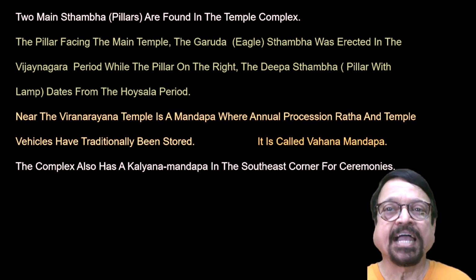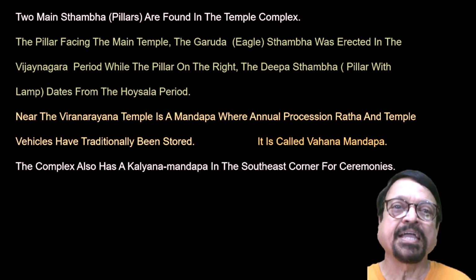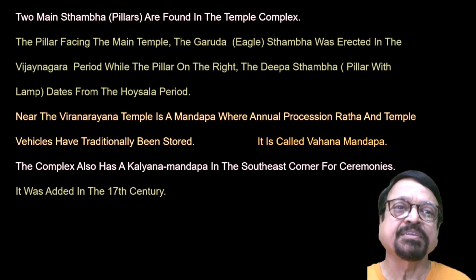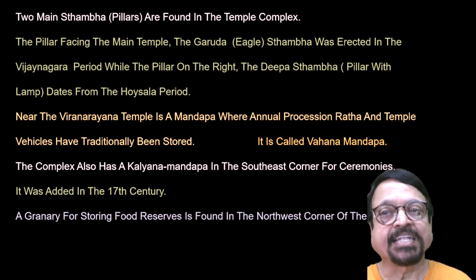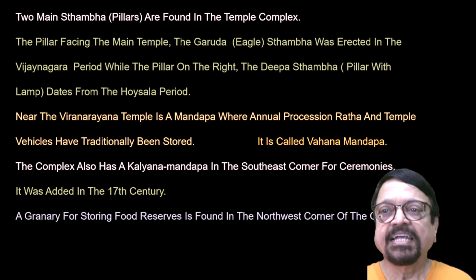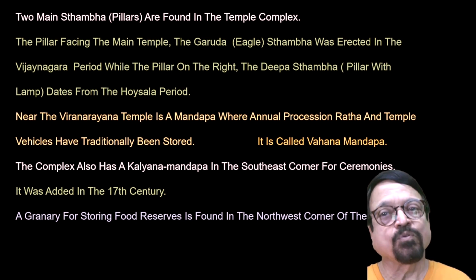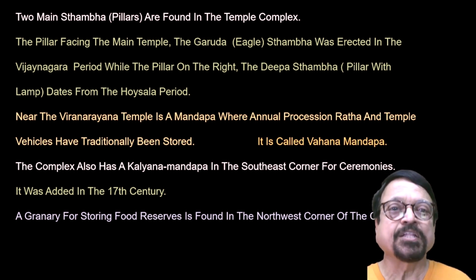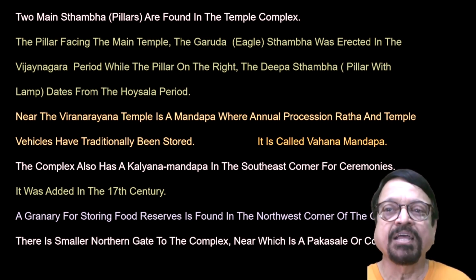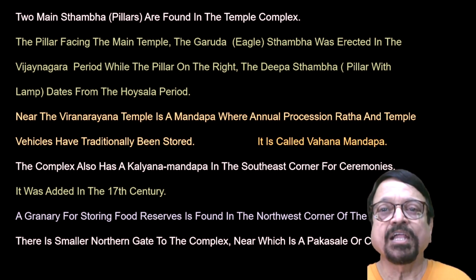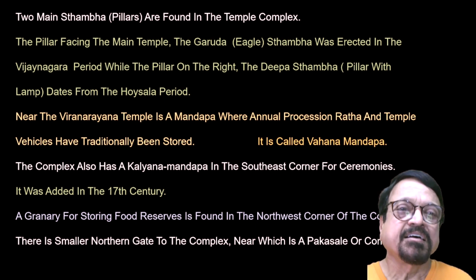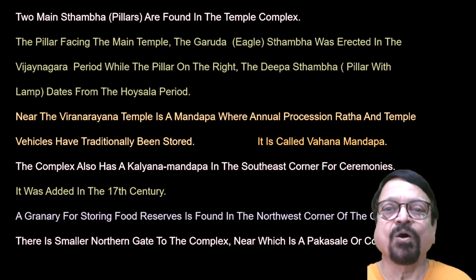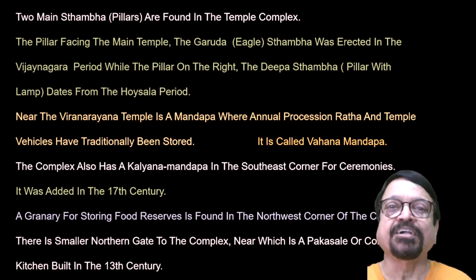The complex also has a Kalyana Mandapa in the southeast corner for ceremonies, and it was added possibly in the 17th century. The granary, where the food is stored, is found in the northwest corner of this temple. There is a smaller northern gate to the complex, near which is the Pakashala, or community kitchen, built by the 13th century.